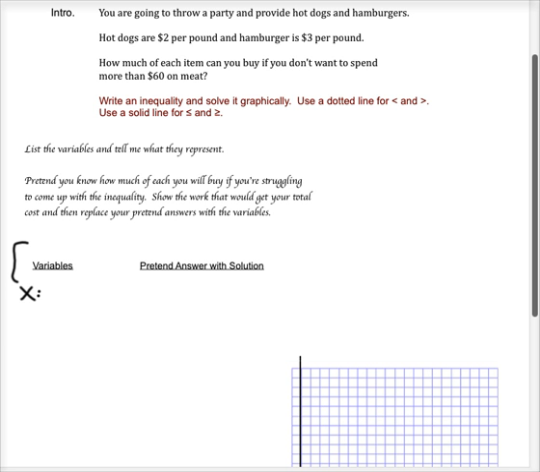The first thing is I want to know the number of hot dogs that I'm buying. And then the second thing I want to find, the number of hamburgers that I'm buying. So that's how I want to start these problems. Whenever I do a word problem, I want to identify what variables do I need? What am I trying to find?